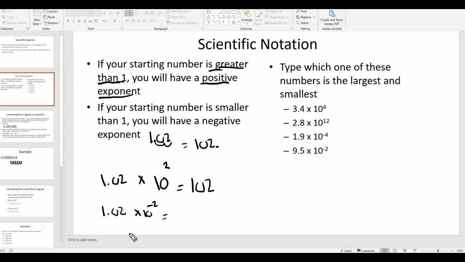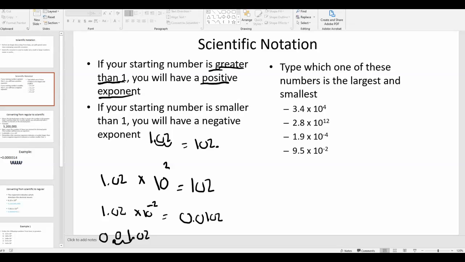So in other words, if we start off with 1.02, and we take that decimal and we move it to the left 2 spaces, we notice to the left because of the negative sign, we go here, and then here again. Okay, and so that means that there should be a 0 right here. So 0.0102, let me rewrite that, 0.0102 is the same as 1.02 times 10 to the negative 2.